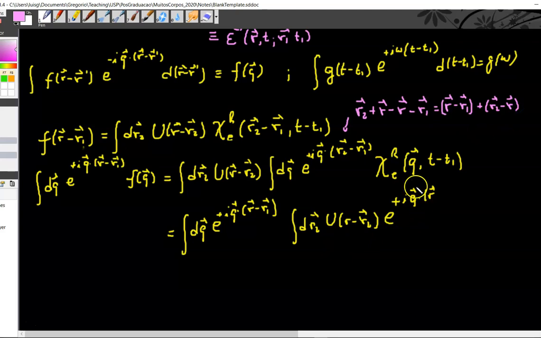Okay, this is plus, and this is going to be r2 minus r here. Or if you want, r2 minus r times what? Times t minus t1. Okay?